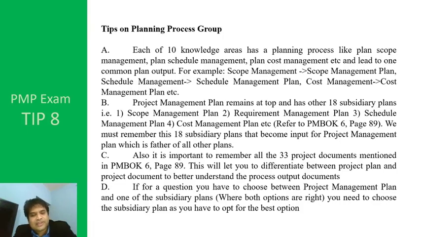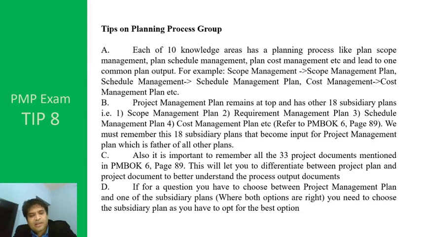We must remember these 18 subsidiary plans that become input for the project management plan, which is the father of all plans. It means the project management plan remains at the top and is the father of all other plans. These other plans are the subsidiary plans that become input for the project management plan.